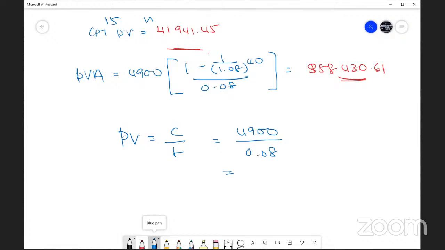So if it's a perpetuity, the answer is 4,900 divided by 0.08, which gives you 61,250. Very easy, right? No rocket science at all.